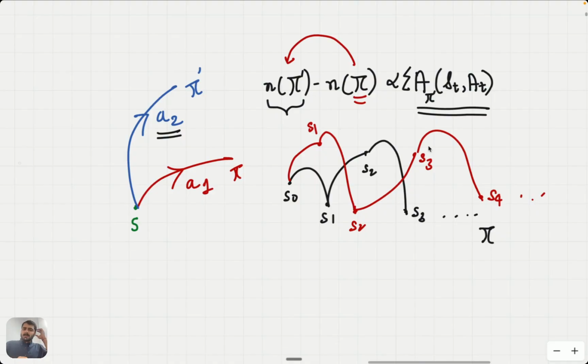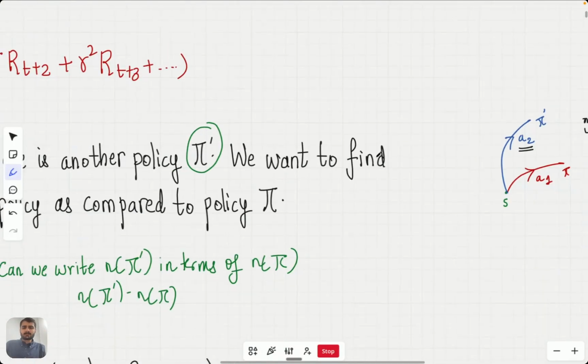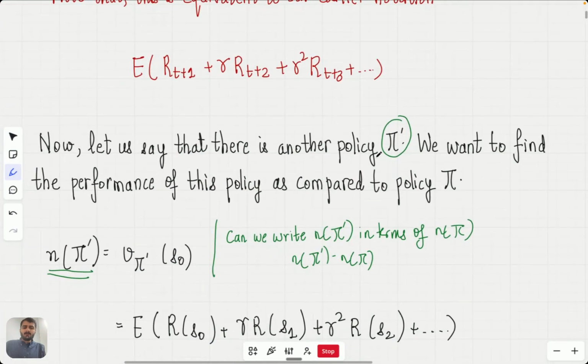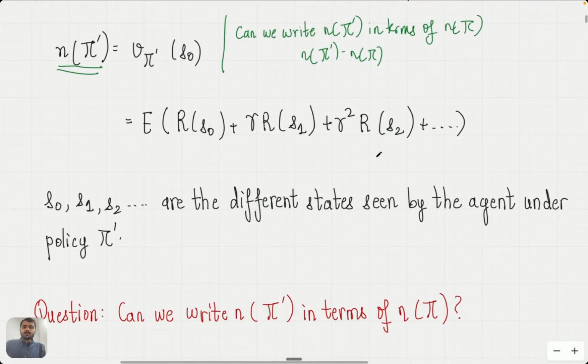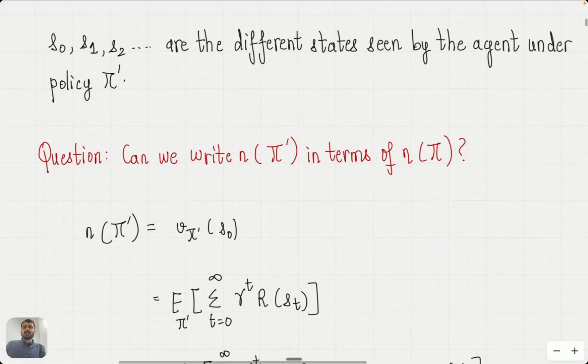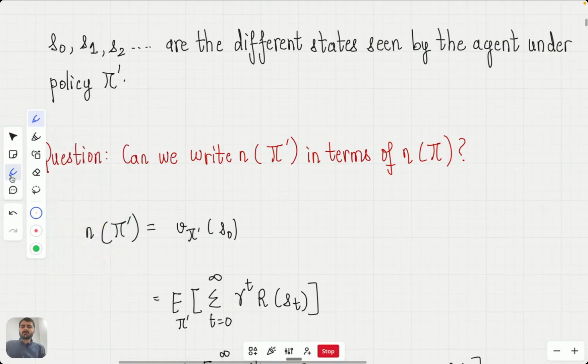And at the moment, our intuition says that it's going to be proportional to the summation of the advantages calculated for all the states in the episode. Okay, so now we are going to look at this question. Can we write n of pi dash in terms of n of pi?